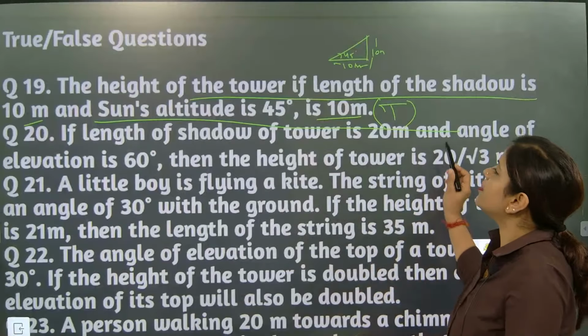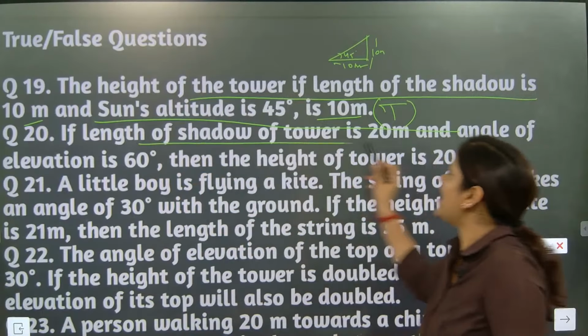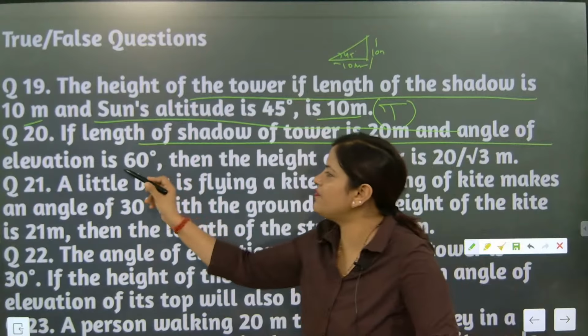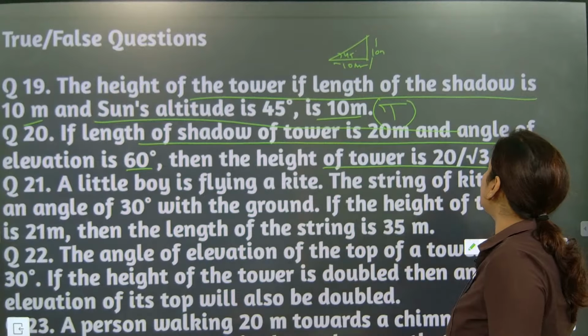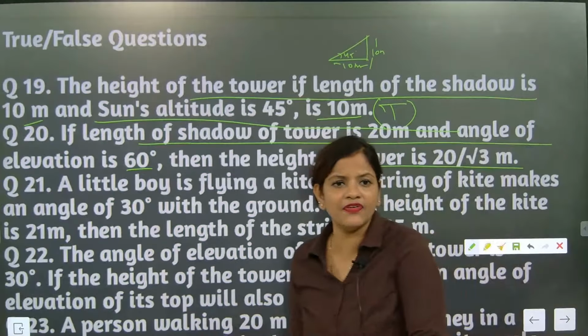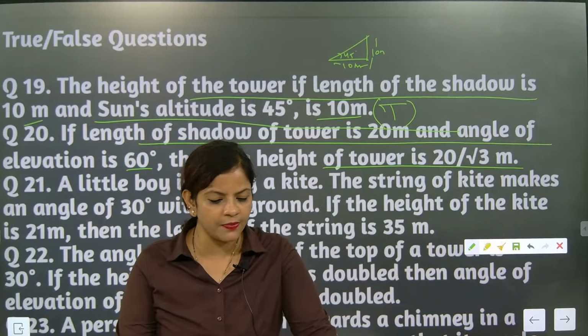Now go for question number 20. If the length of the shadow is 20 meter and angle of elevation is 60 degree, then height of the tower is 20 by root 3. Come on, solve it. Everyone start solving the question, please.